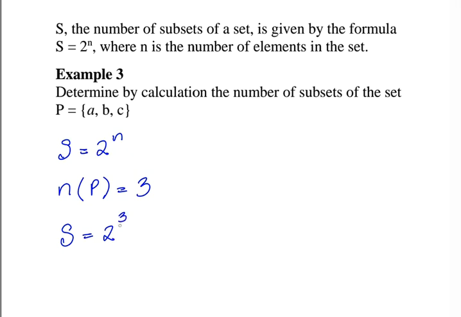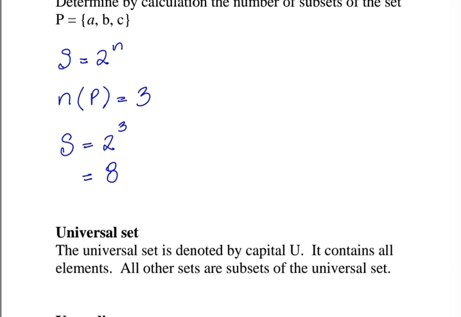It's 2 to the n, where n represents the number of elements. 2 to the third means 2 times 2 times 2, which is 8. So a set that has 3 elements will have 8 subsets. Again, the formula for determining the number of subsets is S is equal to 2 to the n, where n is the number of elements.